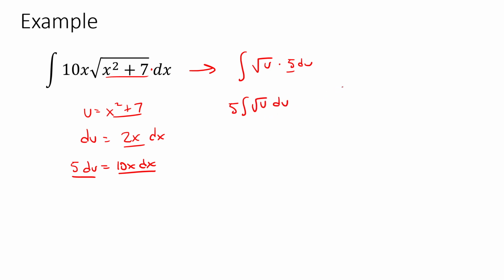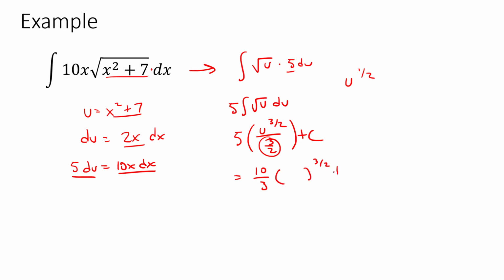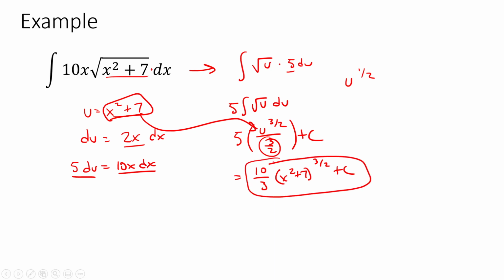Now using power rule, think of that as u to the 1/2, I can take that antiderivative, so this becomes u to the 3/2 over 3/2. Then I'm just going to clean that up. Take the reciprocal of that, 5 times 2 is 10 thirds. Then take what you did for u and plug that back in. And that's your answer. If you took the derivative of that, you would end up back where you started if you wanted to check.